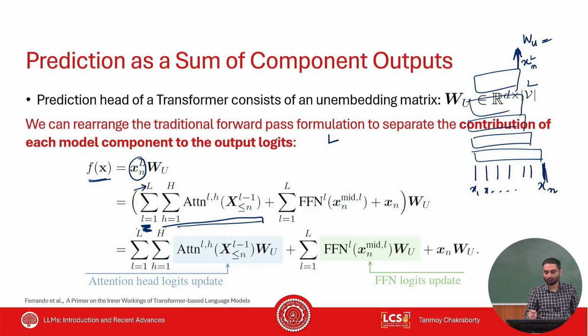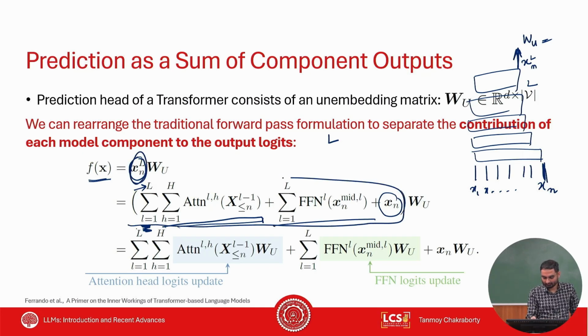What are the other elements that have been added? We also added L feed forward outputs, and xn was the original input that also has been added to this residual stream. So x L n is nothing but this, and this will be multiplied with the unembedding matrix W u.